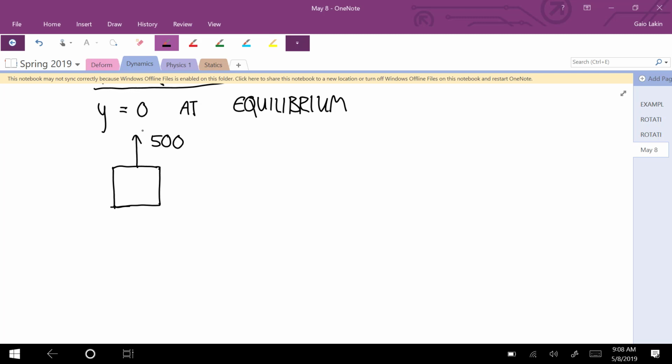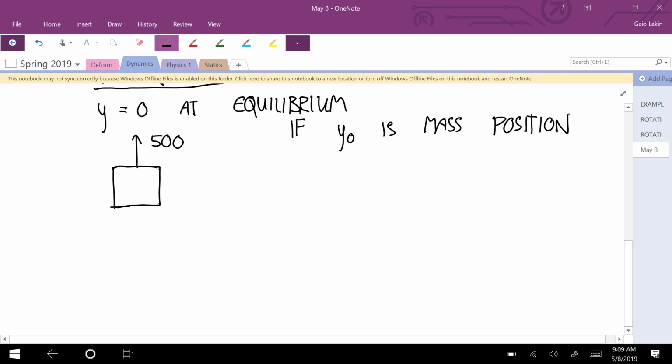So if y0 is the mass position at the spring's resting length, that's a positive number, right? And so we can think of this tension as just equal to 500 y0.